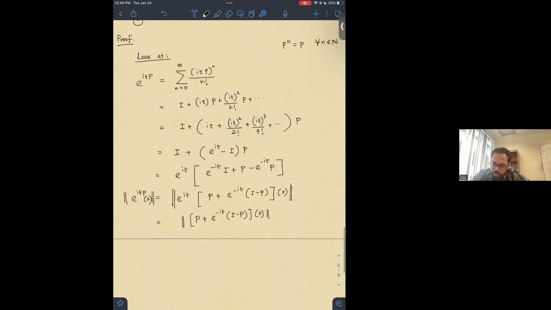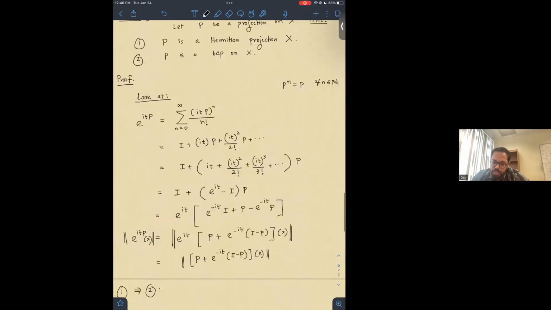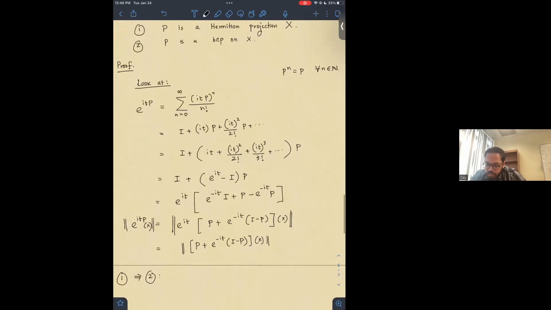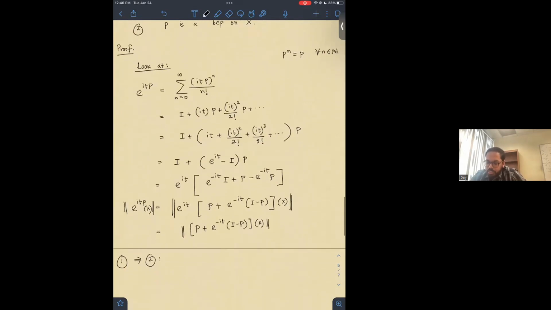Now here's the thing. Let's try to prove 1 implies 2. One says that P is a Hermitian projection. That just means that this operator on the left is an isometry. So that should be the norm of (P plus e to the it (I minus P)) acting on x.